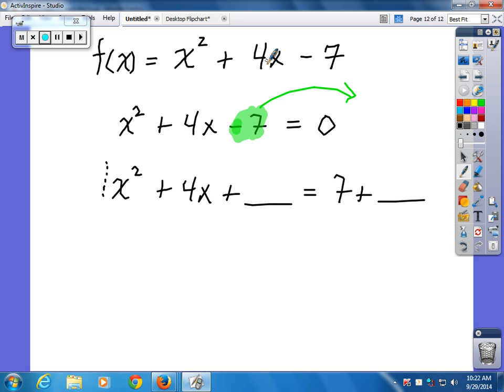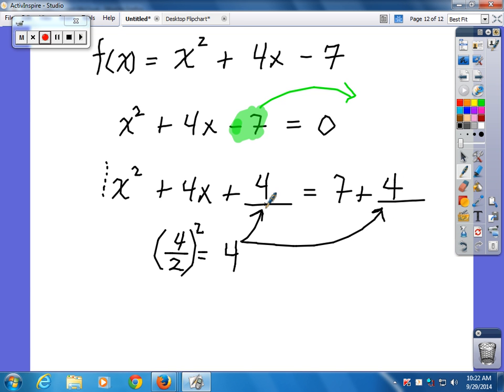And now we're going to take 4 divided by 2 and square it. And what does that give us? 4. And that 4 goes here and here. That's what the blanks are for.